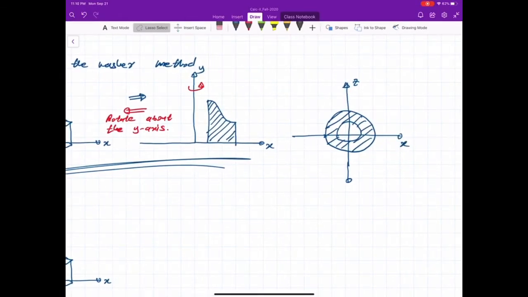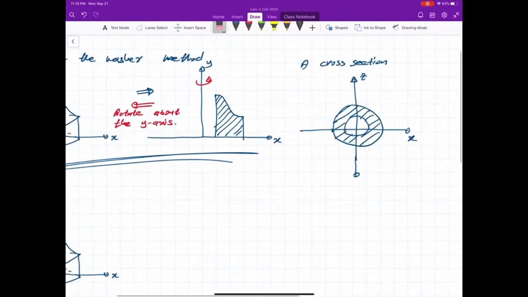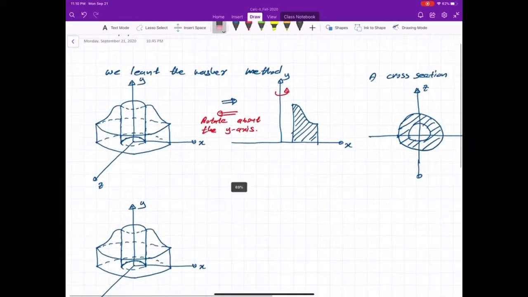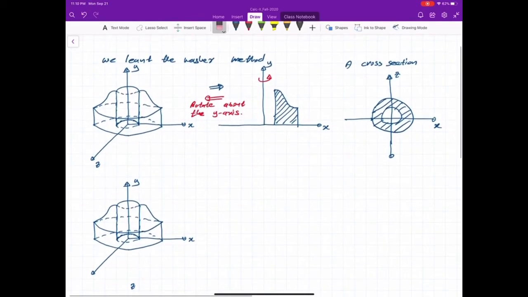This is a cross section. All right. Now we're going to learn a new method, which is called volume by cylindrical shells.